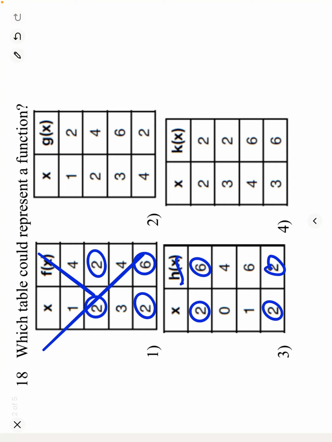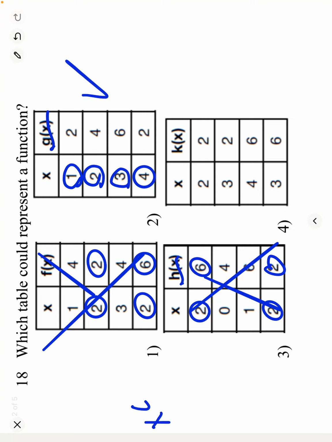And this is why this is not a function. Now, if we look at this table g of x, you can see that every input is unique. There is no overlap. There's no repeating. So this is a function, and that would be our answer. So the x cannot repeat. If it repeats, it's not a function.